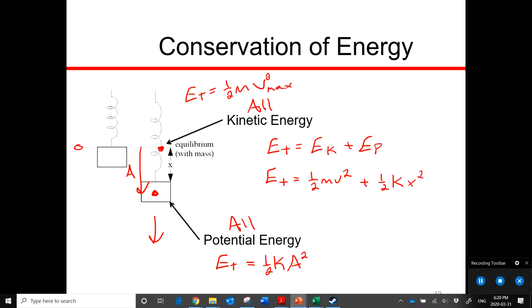So 1/2 mv squared when we're at equilibrium, and 1/2 kA squared when we're at the amplitude. At any other point within this system, we use our total energy equation, which is the addition of the two energies together. Now, all of this is ignoring the fact that there would be friction or potentially some other forces on the spring, but we are ignoring those and assuming that energy is completely conserved within the system.